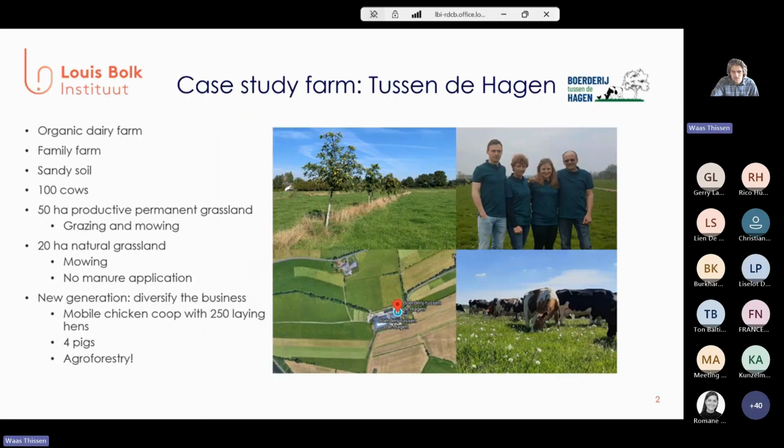So our case study farm in the Netherlands is the THLA farm, which means between the hedges. So agroforestry is really in the name. It's an organic family farm, a dairy farm. They have sandy soil and about 100 dairy cows.